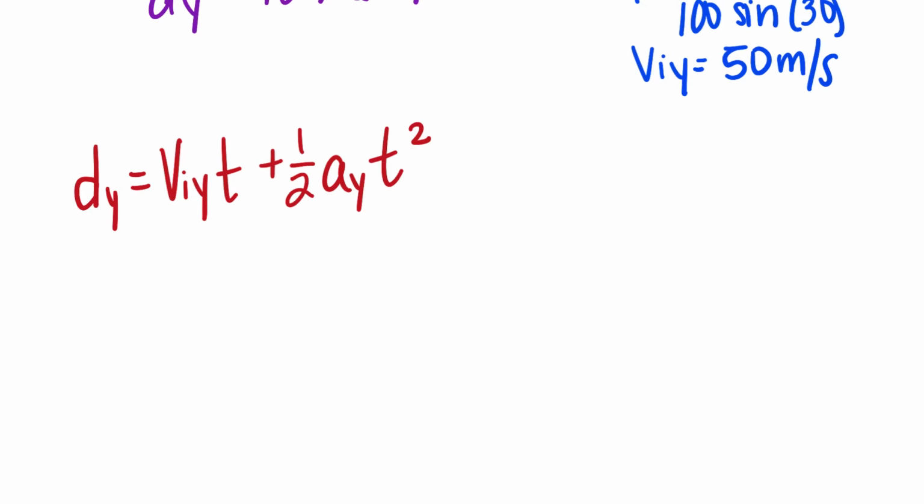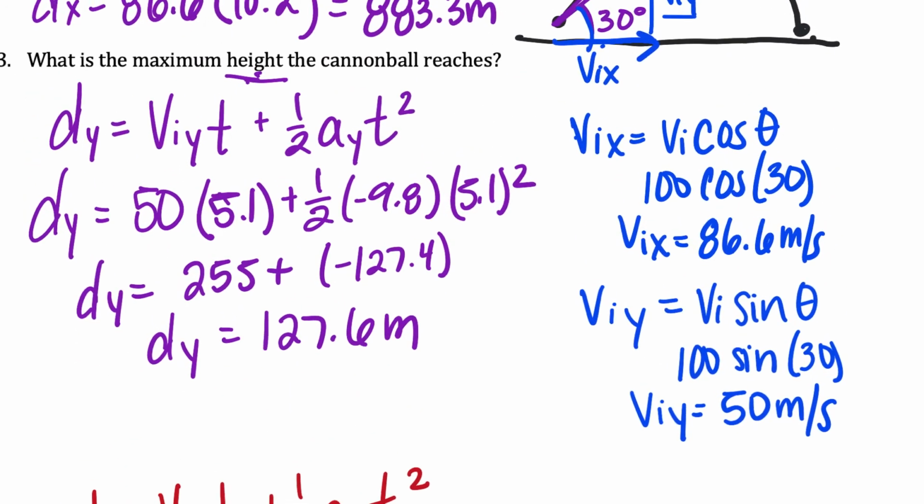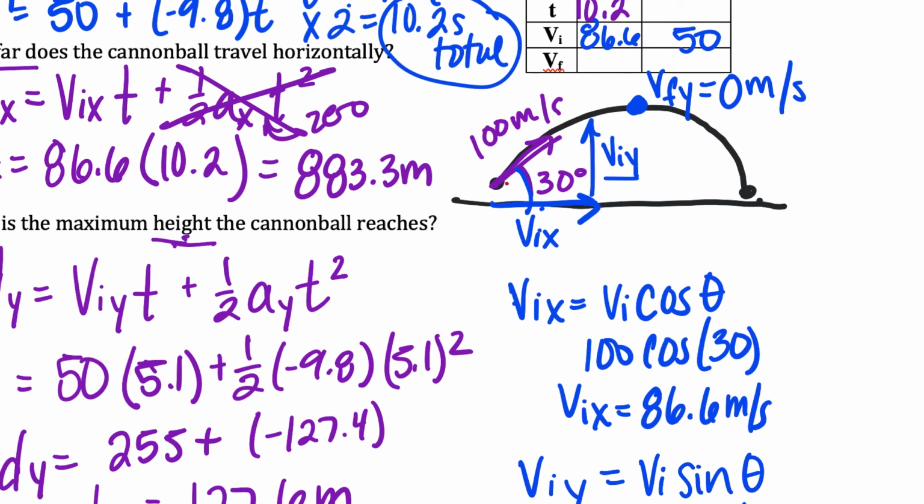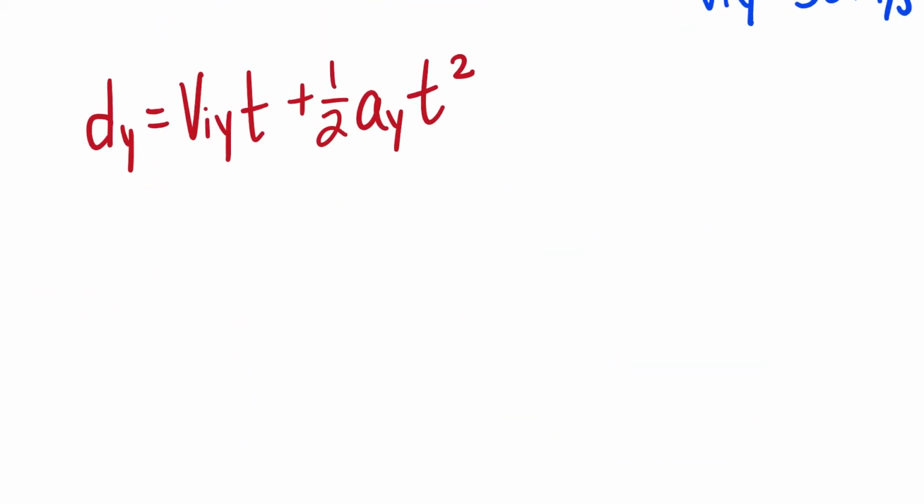In this case, technically it's displacement. This number here is going to be 0, because when we look back at our drawing here, it starts off the ground and it ends on the ground. So the total distance, the total displacement of this ball is going to be 0. So that's why we're going to plug in a 0 for this part here.